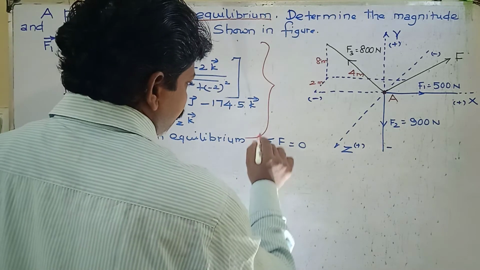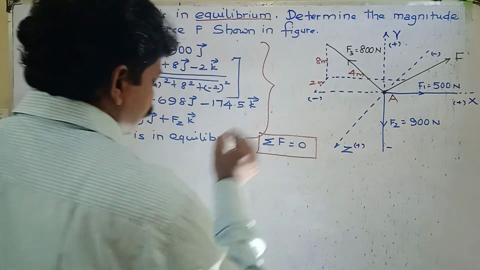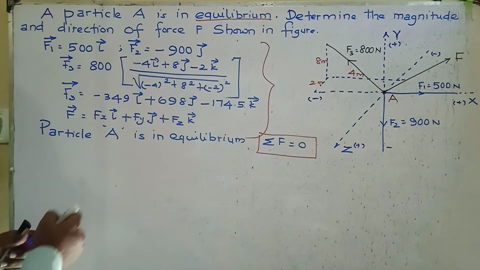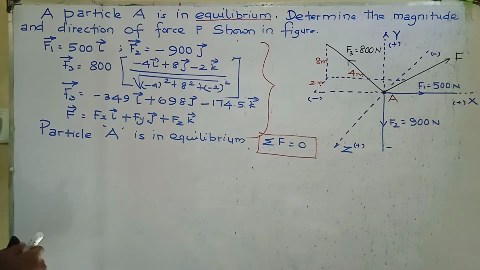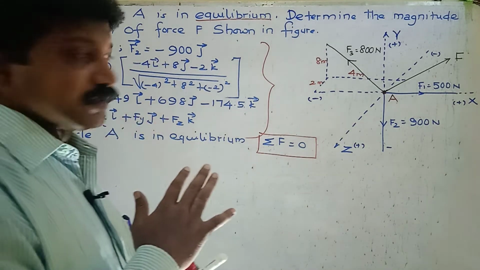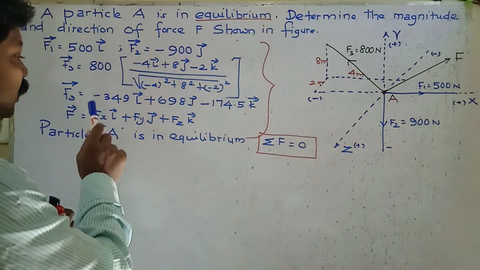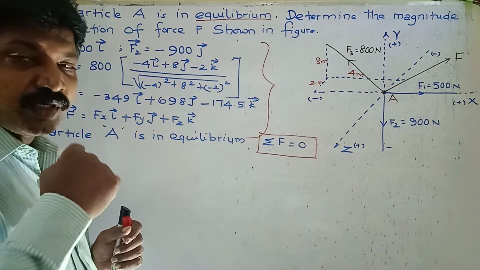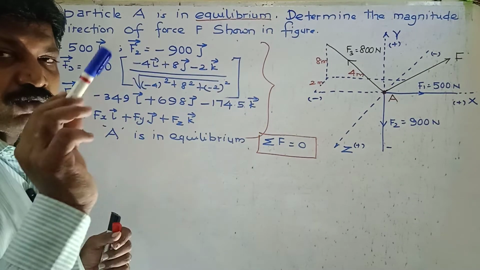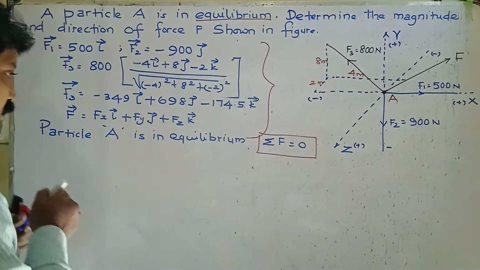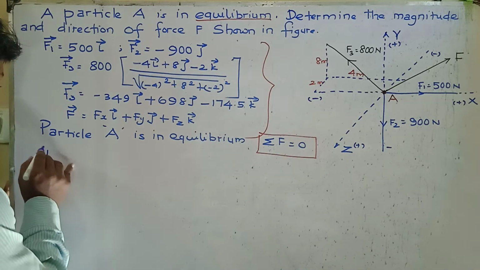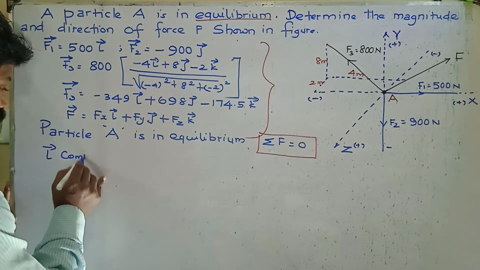So at the equilibrium state, sigma F equals 0. So from all the forces F1, F2, F3 and F, equate the i vector components equal to 0, the j vector components equal to 0, and the k vector components equal to 0.